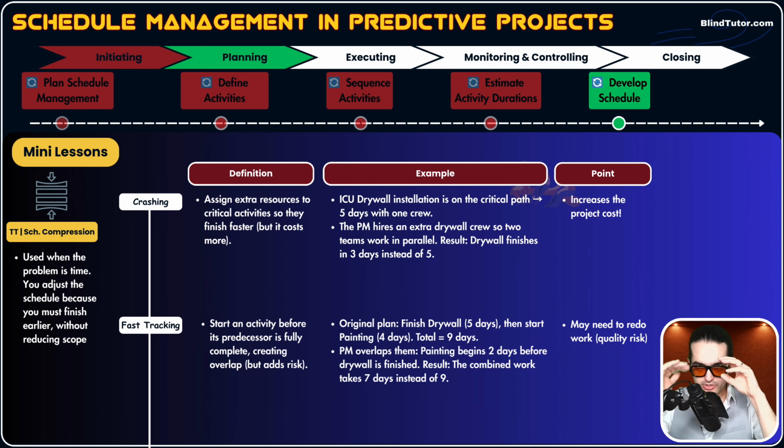Now, the sponsor comes to you and says, hey, we have to finish the project earlier. You have to apply crashing or fast tracking. And the sponsor also says, hey, we don't have extra money, so do something about it. You apply fast tracking. What does this mean? It means if we could do this successor activity earlier, we could overlap these 2 activities.